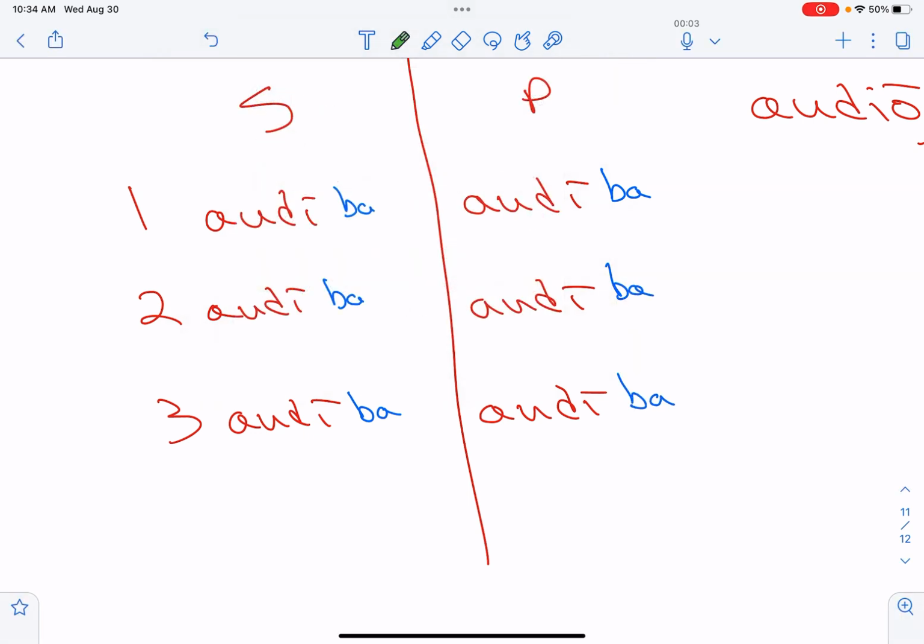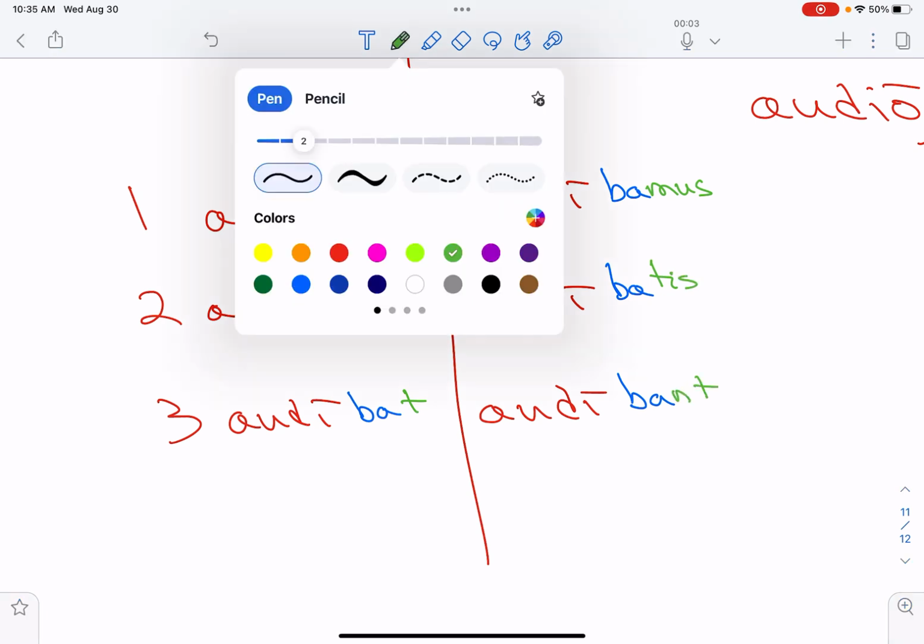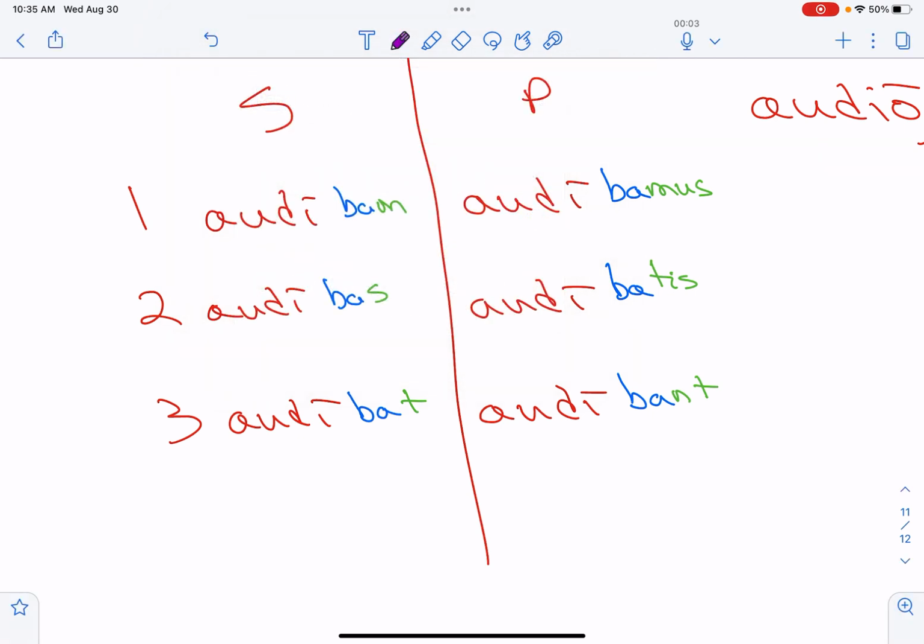We're going to add the endings, M, S, T, mus, tis, NT. And then the weirdness for the fourth conjugation is an E shows up here. And that's the same thing with the U that shows up in audiunt.